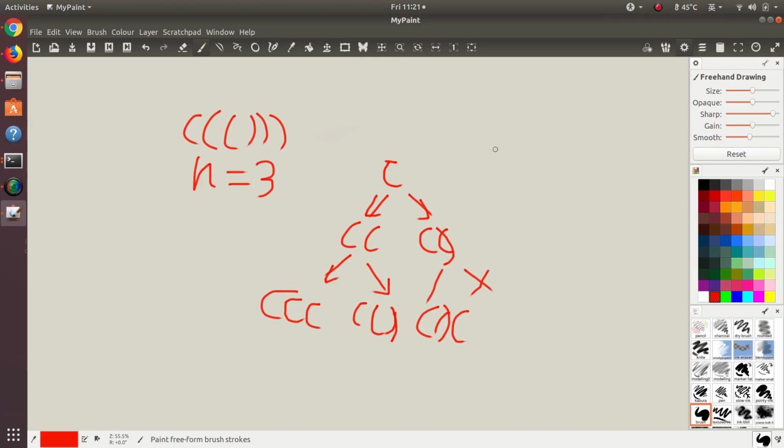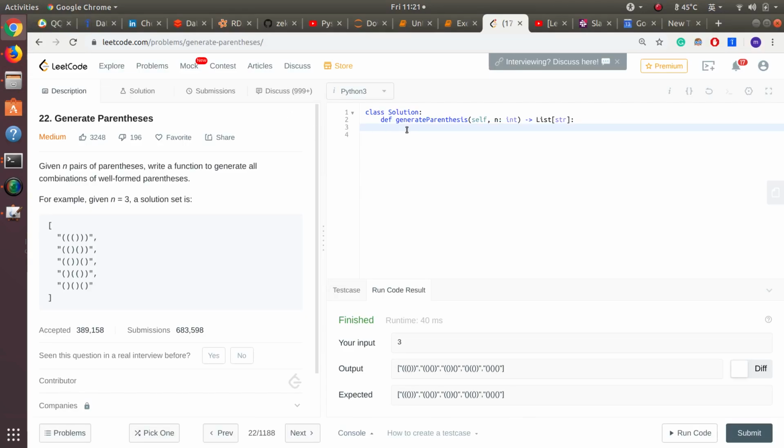So there are two rows. First row: if left quote is less than n, then we can add a left quote.